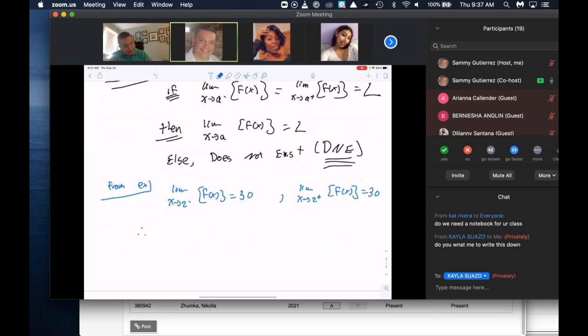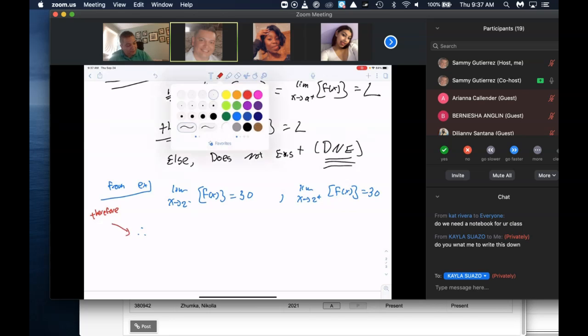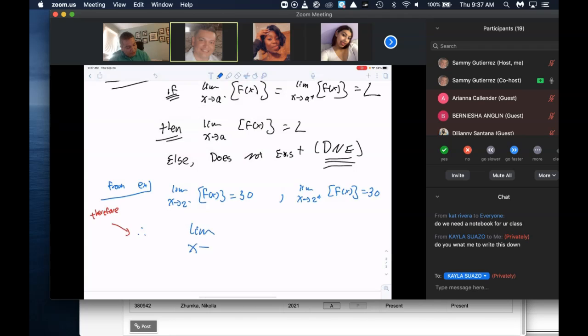And these three dots right here, because I'll use them, mean therefore. That's what those three little dots mean. Therefore, the limit as x approaches 2 of f of x equals 30.